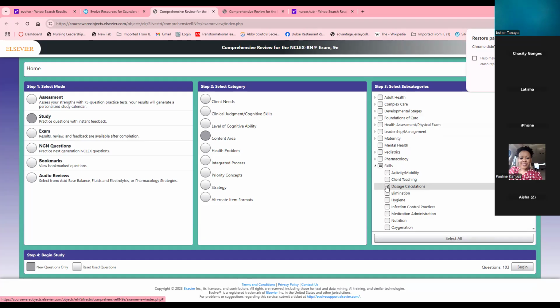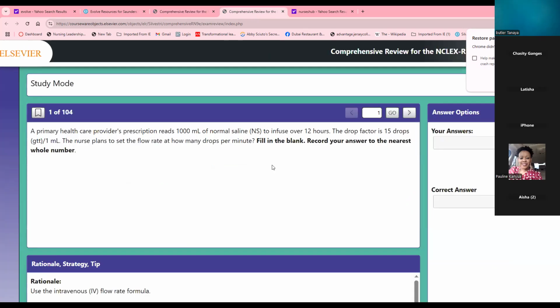Okay, that's if you have the 9th edition. If you have the 8th edition, it's going to be kind of in the same place, but it's just going to look a little different. Does anybody have the 8th edition that doesn't know how to get to it? We're all good?